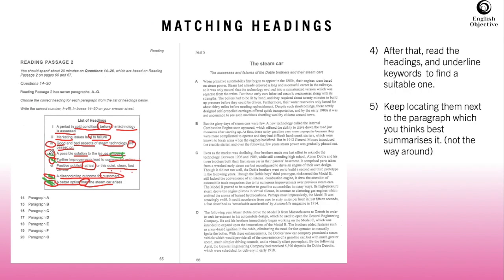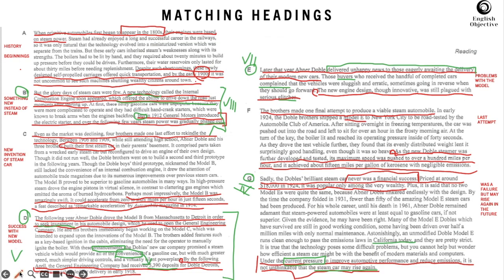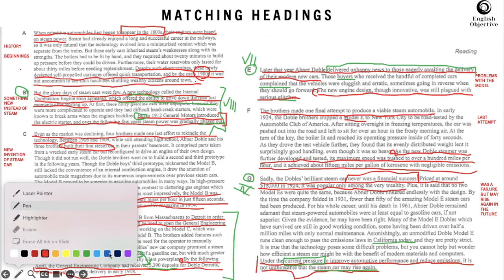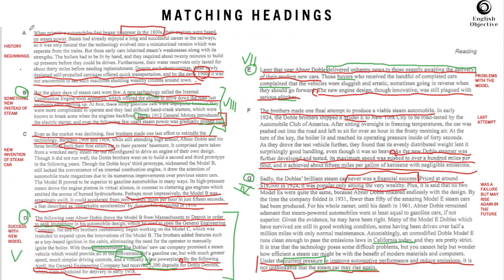So number 4, G. Okay, so I've already matched quite confidently 4 of them. I still have other paragraphs left. As I told you before, I would have to match all the paragraphs, but not all the headings. So I have 3 paragraphs left.